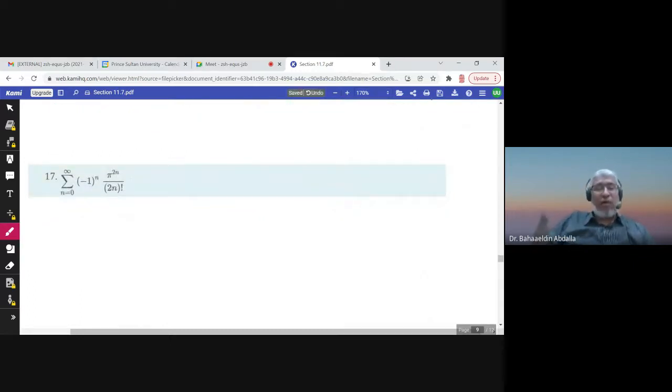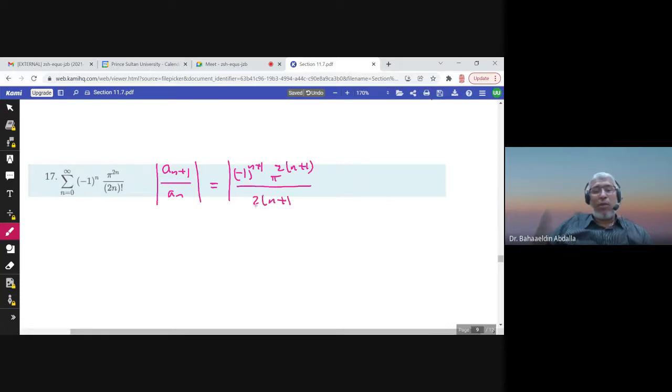I have powers, factorials, so immediately I'll use the ratio test. Let me write it. Pi to the power 2n plus 1 over pi to the power 2n.